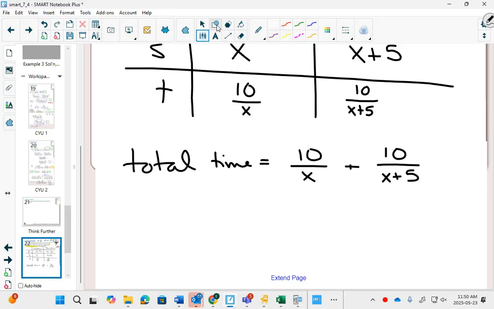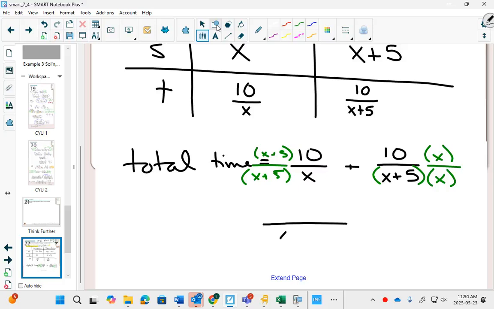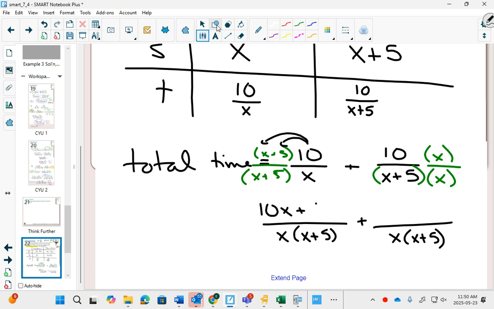It also says once you've done that, simplify it to write it as a single fraction. So how do I add fractions? I need a common denominator. This one, grouped together, would need the x plus 5 and an x plus 5. And this one will need an x and an x. It gives me a common denominator of x times x plus 5 here, and a common denominator of x times x plus 5 there. If I distribute this one, I get 10x plus 50.